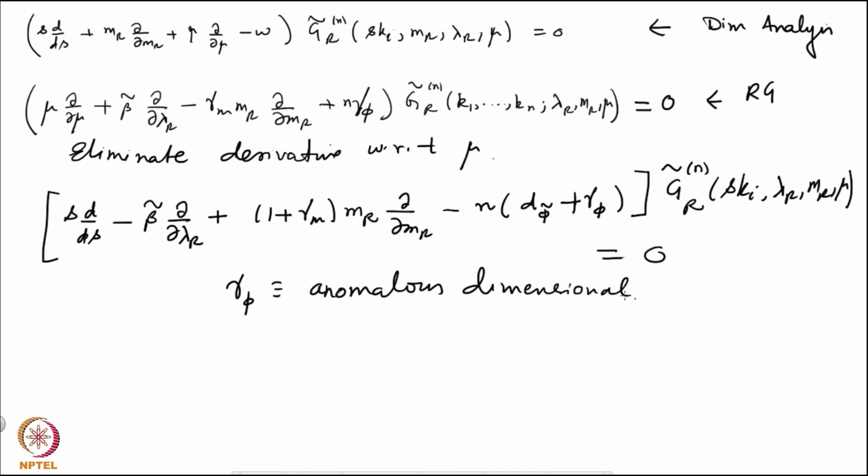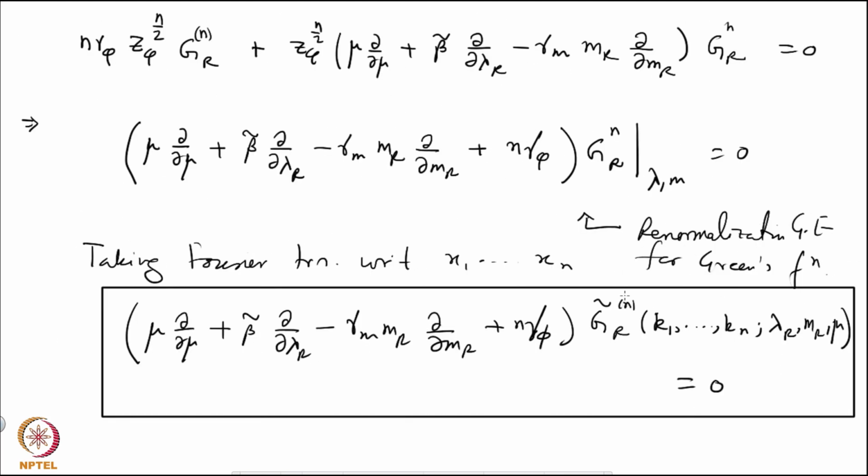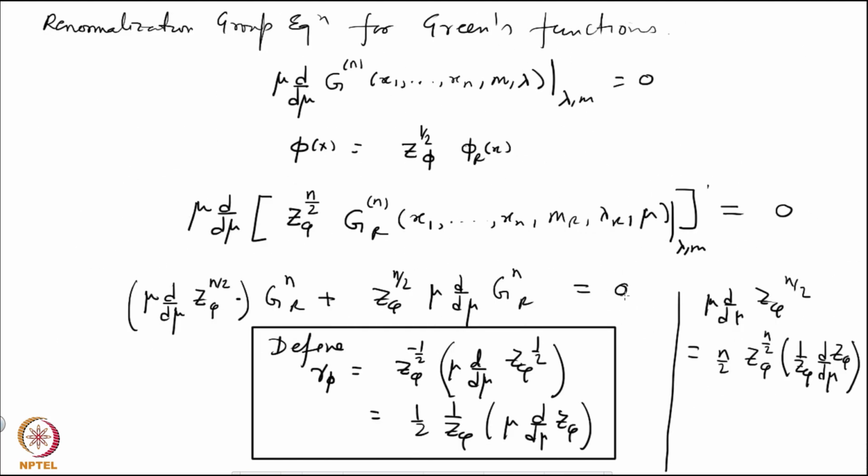Okay, this gamma phi would be 0 if you don't have to renormalize, right? Because remember, this gamma phi is coming from the derivatives of z. Somewhere here I should have it. Here. Okay, so if z phi is 1, if you don't have to renormalize, there are no infinities, z phi is 1, then this derivative will give you 0, and gamma phi is just 0.